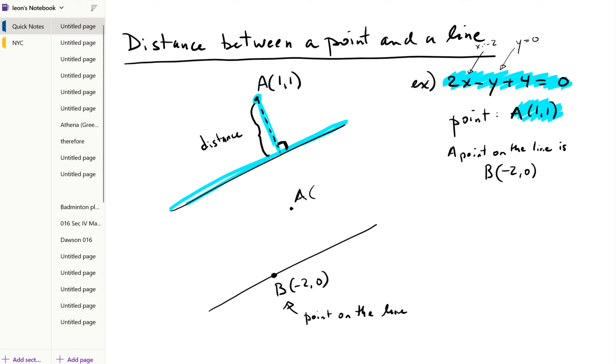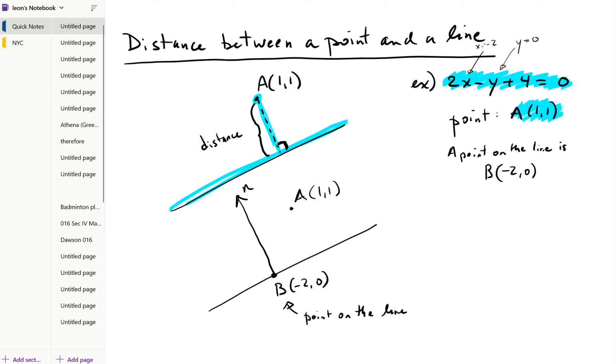And that's 1, 1. So what I'm going to do now is, you see what I need is a way of being perpendicular to the line. So that's easy. I'm going to choose a vector n that is perpendicular to my line.